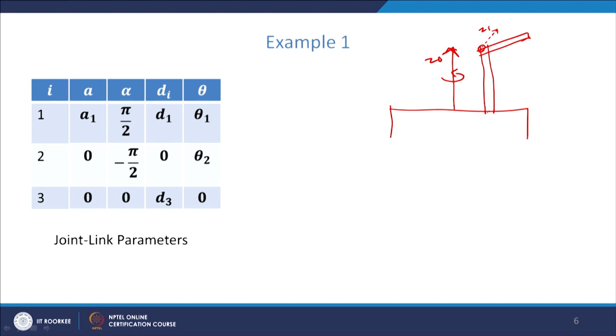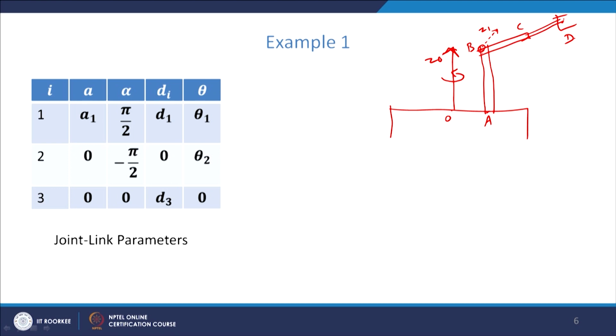That means Z0 and Z1, they are perpendicular to each other. So, at this position, if we call this point as O and this point as A and this joint as B and this joint as C and another joint which is the end effector D, the final one.